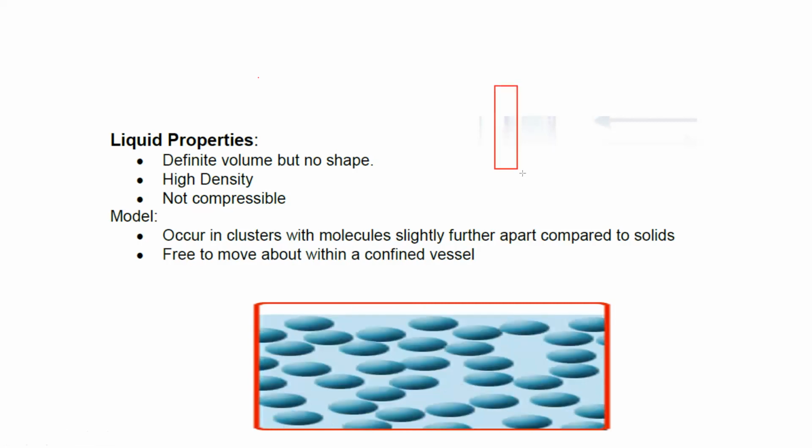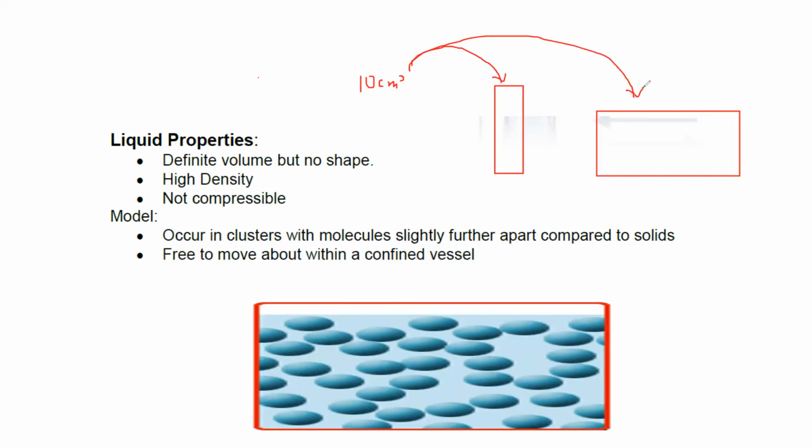For example, if you have two containers and you have 10 cm cube of water, when you transfer the 10 cm cube of water to container A or to container B, the same water will take the shape of the container, but the total volume will remain 10. So they have definite volume, but not definite shape.